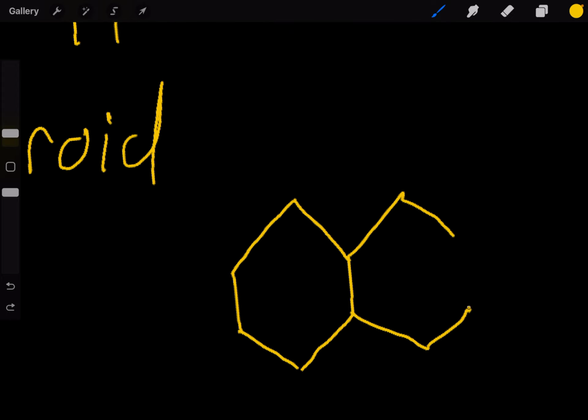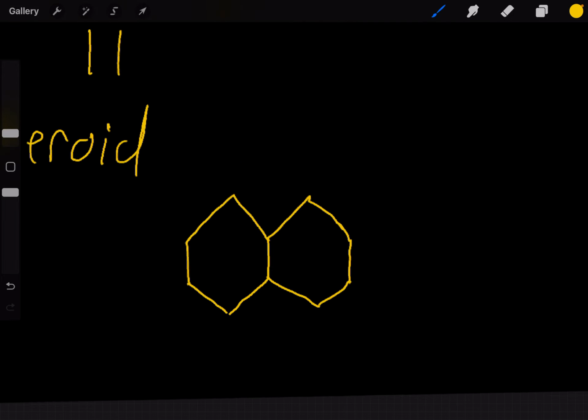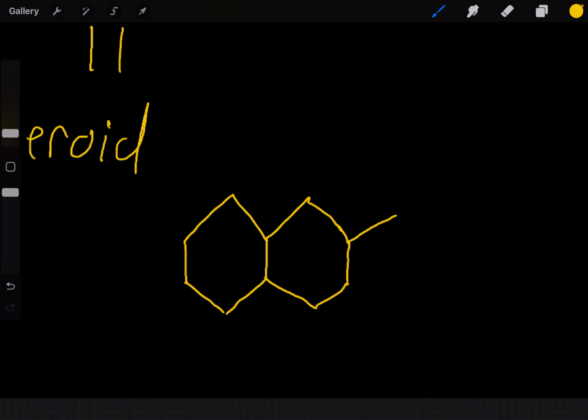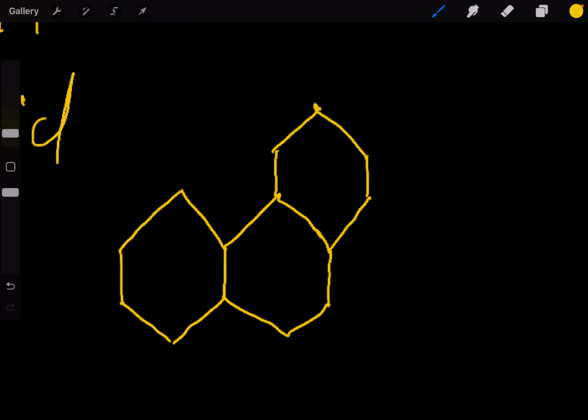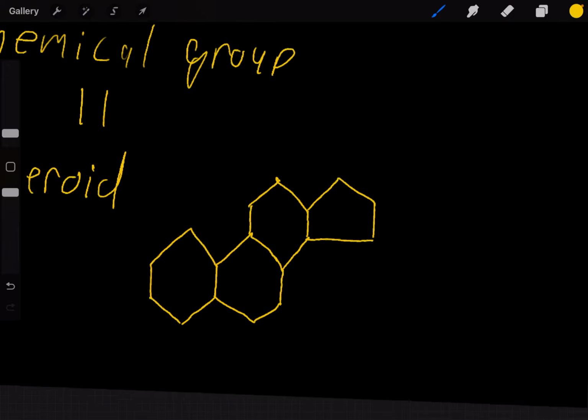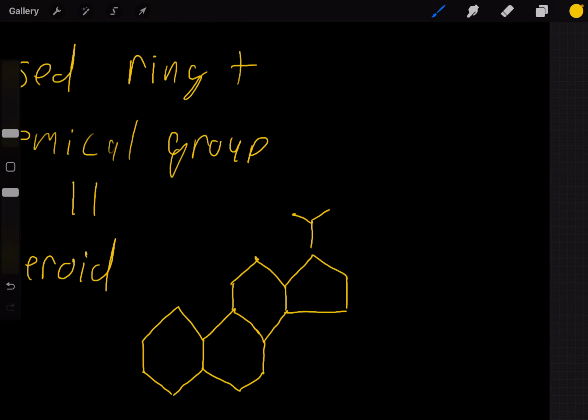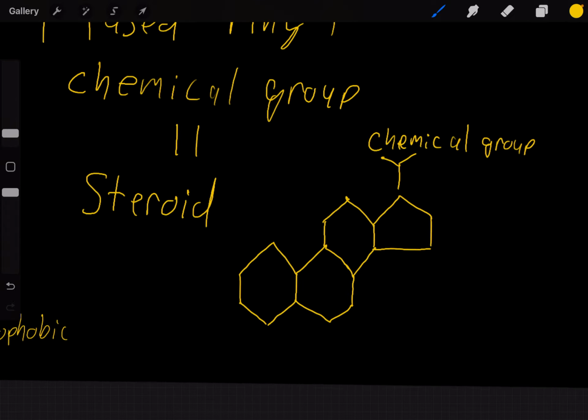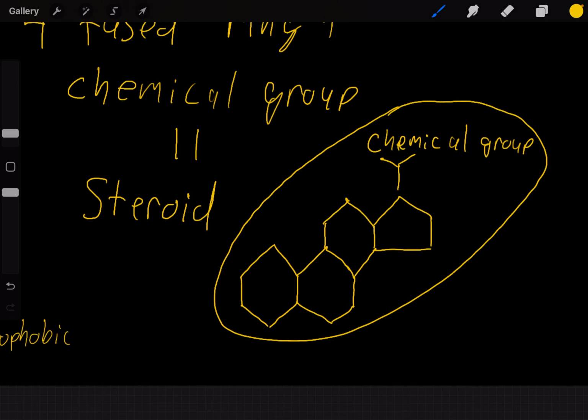That is not supposed to be. And then you'll have another one right here. And then you'll have like a half one right here, and then your chemical group would be attached to this. So this would be your chemical group. So this is a steroid right here.